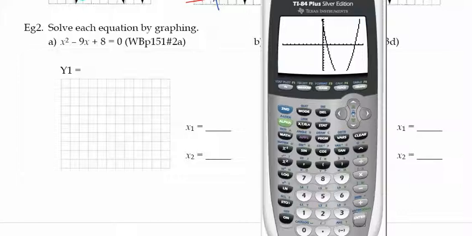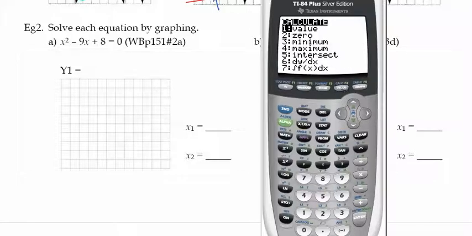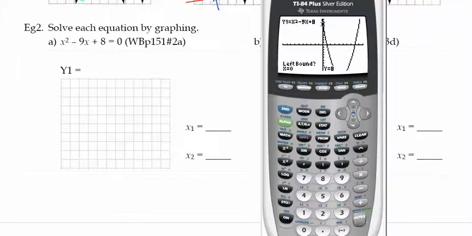But if you want to double check, if you want to make sure they are actually at x equals 1 and x equals 8, I can use my graphing calculator to identify the x-intercept on this parabola. If I go second and calculate, I can use zero to find the x-intercept. Here is one of the x-intercepts.